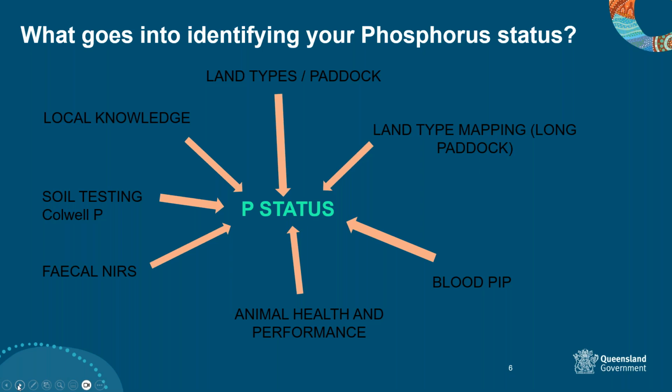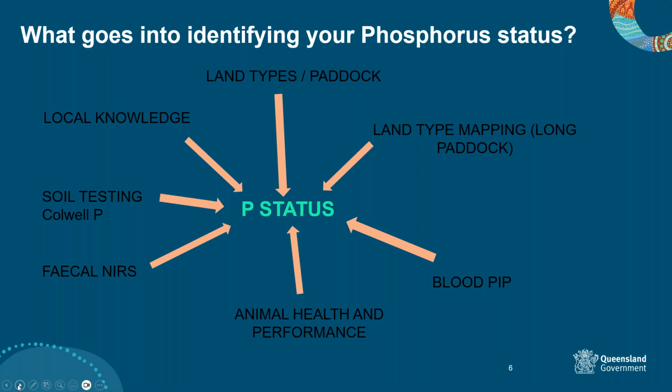There are a lot of good tools that we have now that can assess the various land types on our lots and plans on our areas. Long Paddock, and Grant Stone's going to talk a bit about Long Paddock in far better depth and accuracy than I will today. But there's a land type mapping that you can download from the Long Paddock that gives you a pretty good assessment of the different types of country you've got on your place. We live in a really ancient environment.